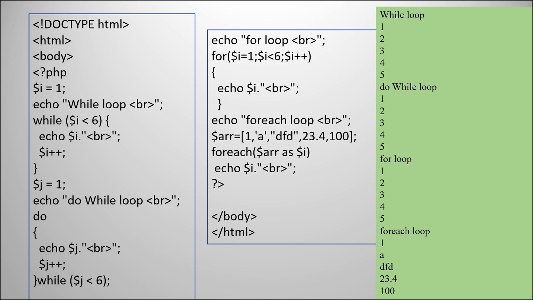And in the for loop we are going to have the initialization, condition, and increment or decrement portion in the same line, and within the body of the loop we are going to print the value of $i. Similarly, for foreach, we are having an array, so we are going to initialize the array, and till all the elements are over, the values will be printed.